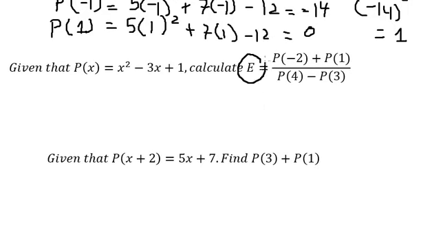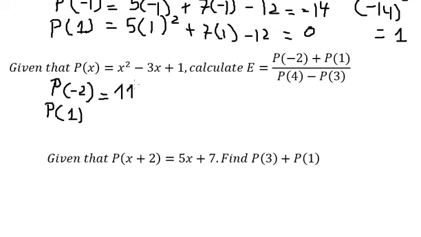Before we calculate e, we need to find b of negative 2, 1, 4, and 3. About negative 2, so we put negative 2 in here and here, and you got 11. Now b of 1.